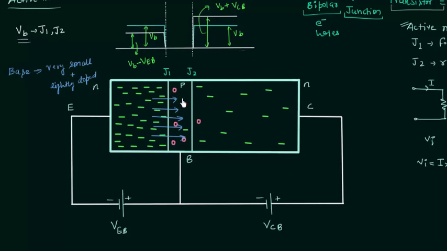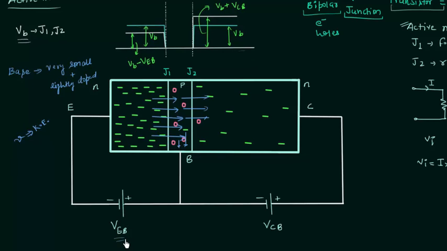So most of the electrons will cross the junction J2 because they have high velocity, and this implies they have high kinetic energy. So most of the electrons emitted by the emitter will find themselves in the collector.